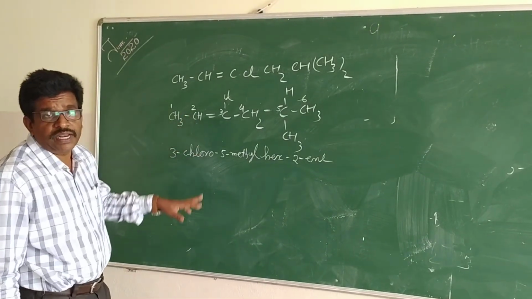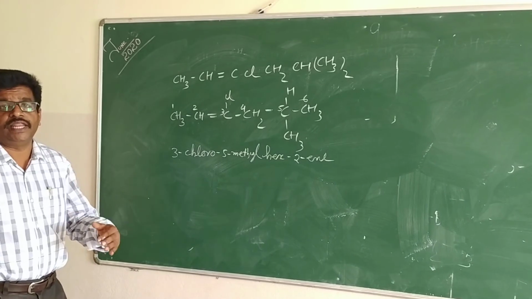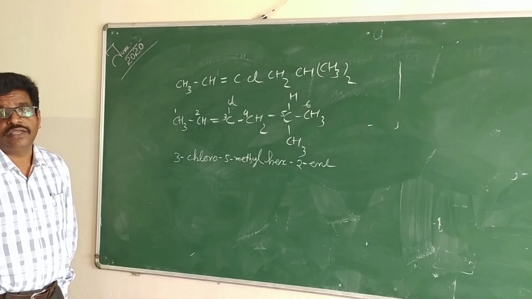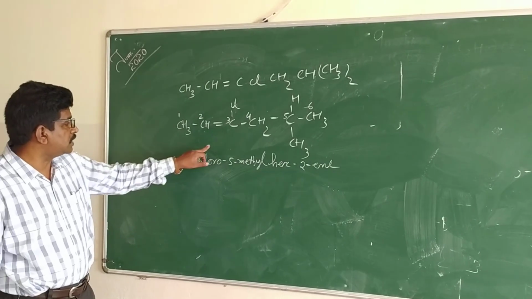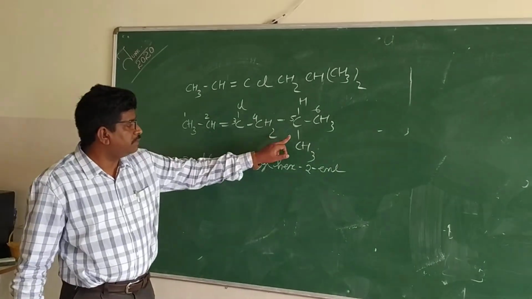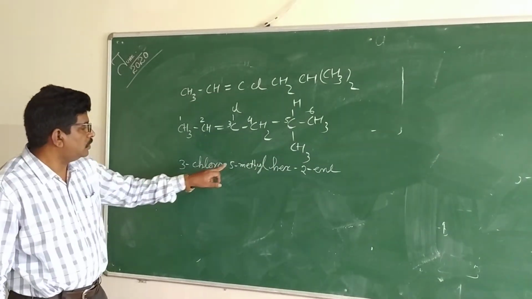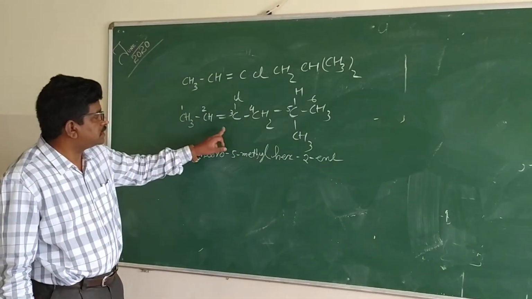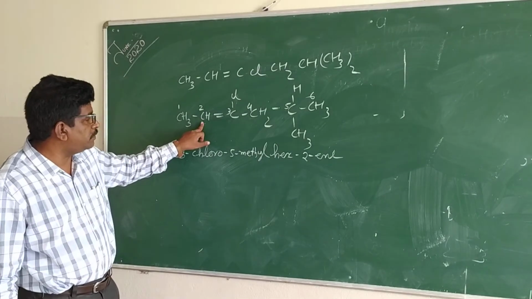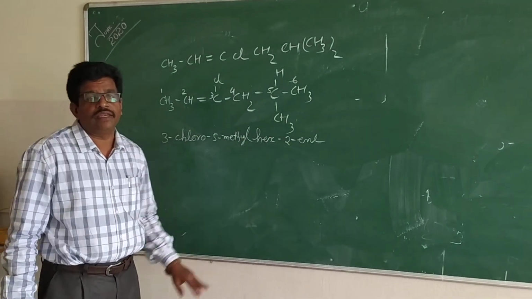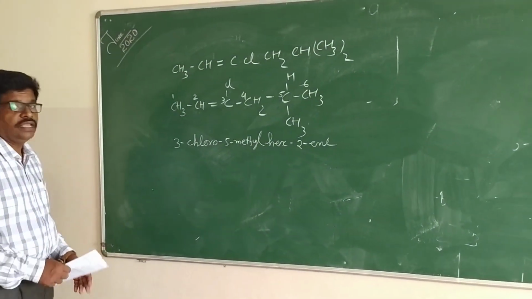So whenever an alkene is coming, carbon atom carrying the double bond should get the lowest possible number. So 3 chloro, third position chlorine, and fifth position methyl group, 3 chloro, 5 methyl, X, parent compound contains 6 carbon atoms, so X, double bond is in the second carbon atom, so X-2-ene, 3 chloro, 5 methyl, X-2-ene.